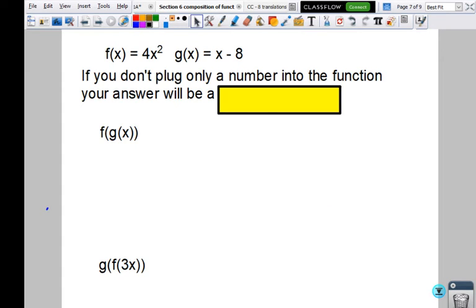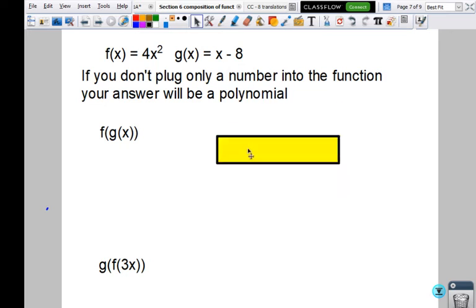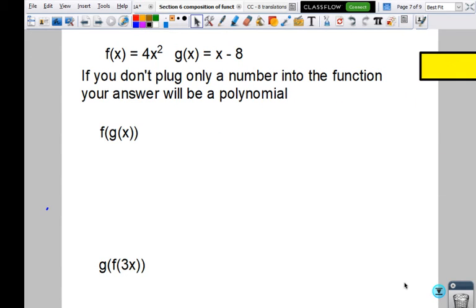All right. So if we don't plug in only a number into our functions, our answers are going to be polynomials. So we're not going to get equals 5 or equals 21 like we did before. We're going to get a final answer that is a polynomial. So we're going to start with f of g of x. G of x is the first thing we're going to do.